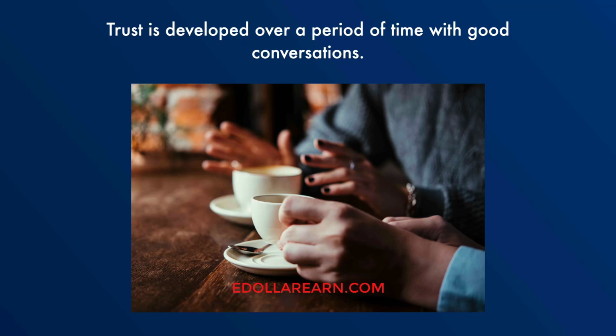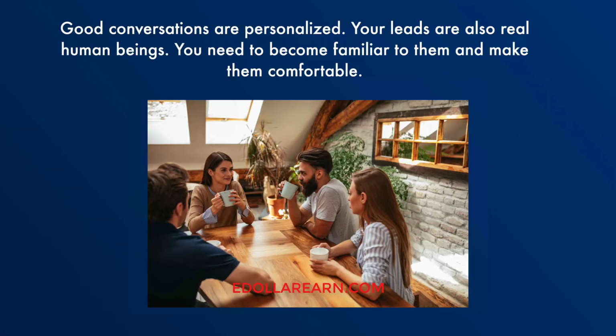And here in this section, we are going to talk a little bit about marketing automation, but I have a separate course about marketing automation called Marketing Automation Mastery, where we go very deep in terms of the technicalities of how to apply personalization, how to customize your website, how to customize your email campaigns and everything. But in this video and in this particular course, I will give you an overview about how this entire thing is mapped out and how we approach this entire problem, right? So good conversations are also personalized.